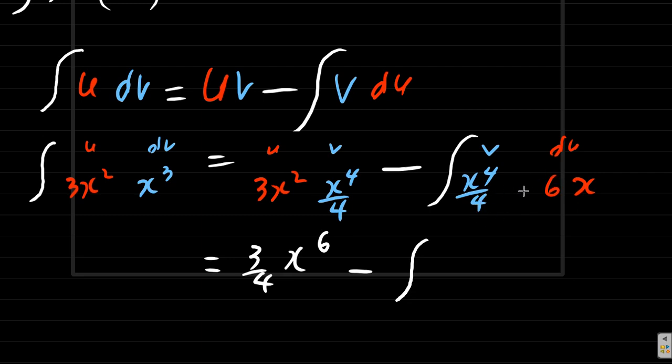Now, we're going to have to apply integration by parts once again. Let's not simplify anything. Let's keep it as it is. So it's x to the 4 over 4 times 6x.